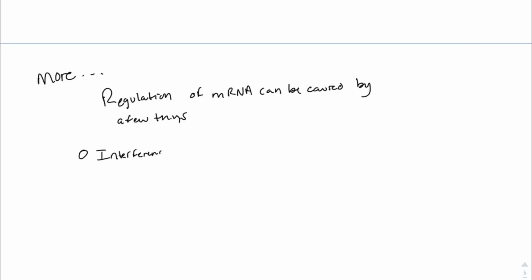Now, first, it could be interference with microRNA. That's one of the regulations of mRNA. Another one could be a kinase without iron. This has to do with ferritin and transferrin mRNA. We'll get back to that one.